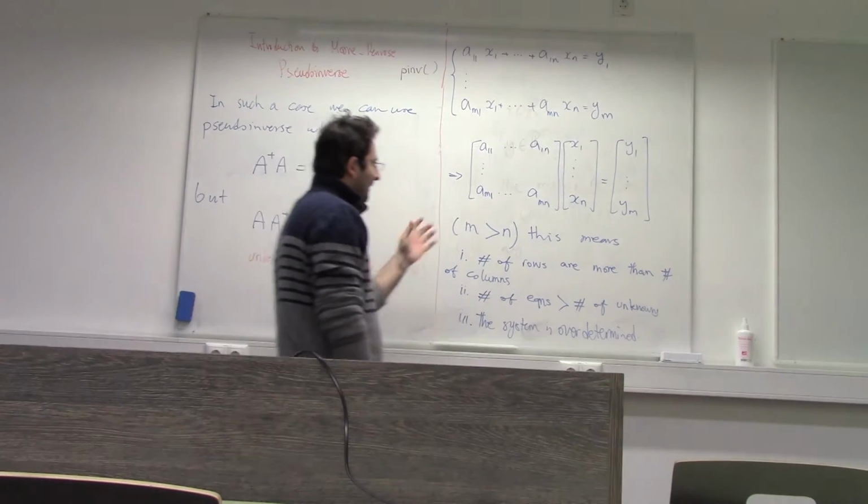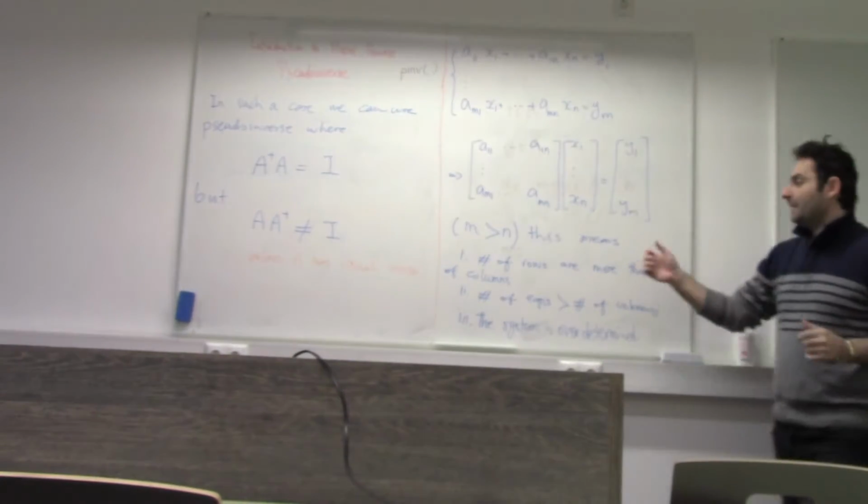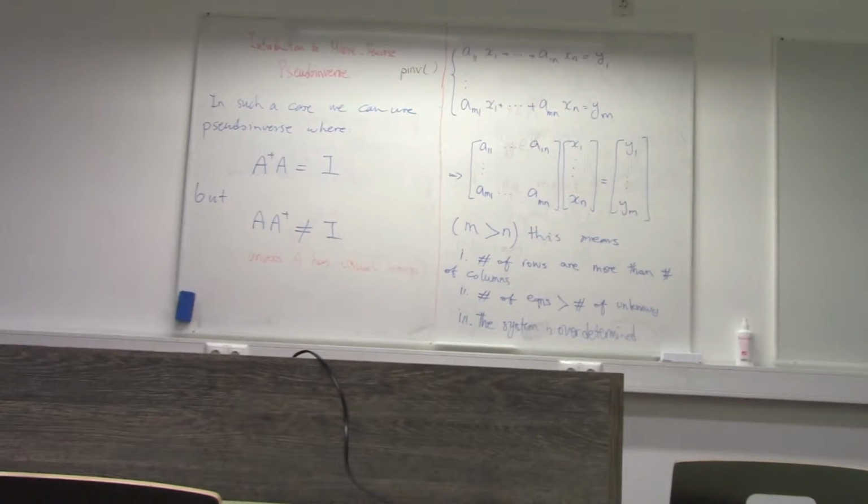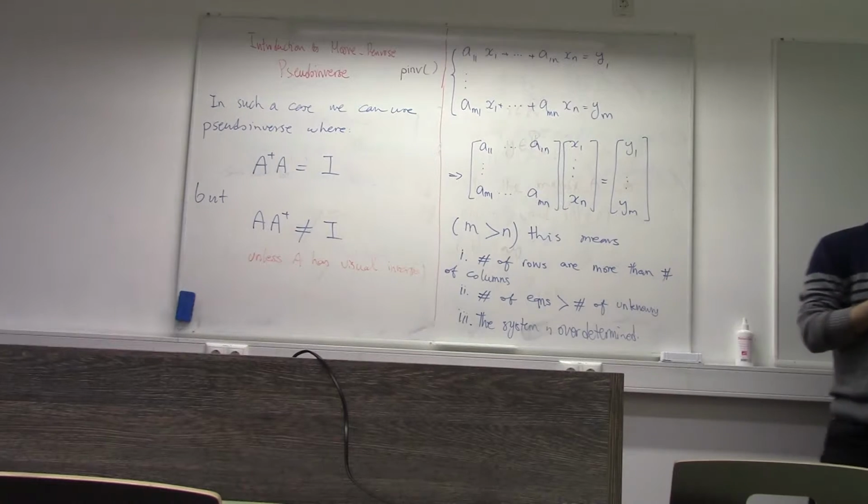How come that in such a system A might have the usual inverse? In other words, under what condition is A plus actually A inverse?